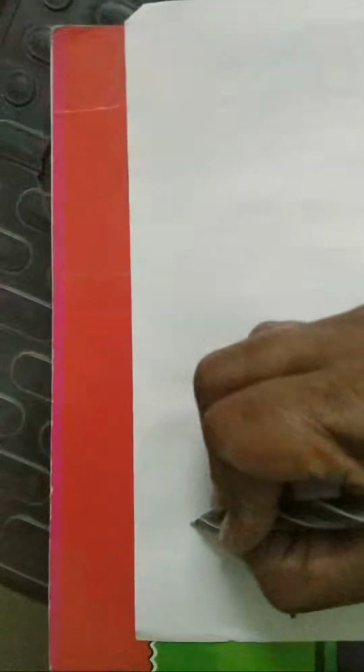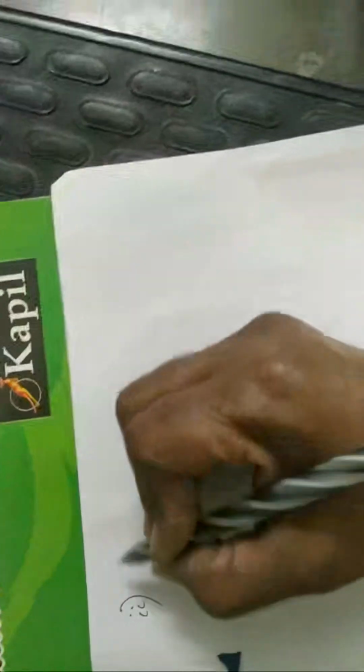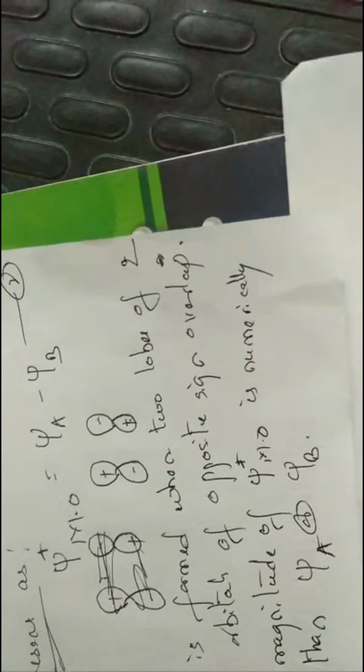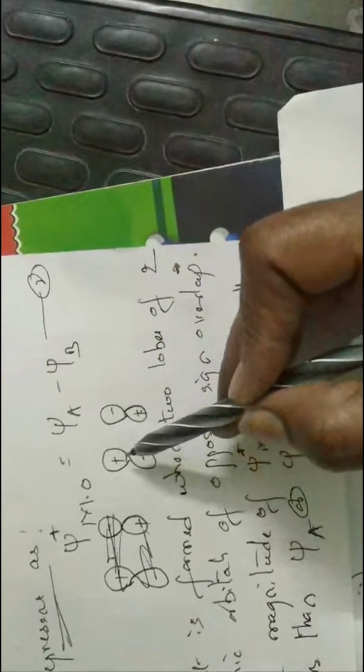Next. It means the electron density is present only on one atom.